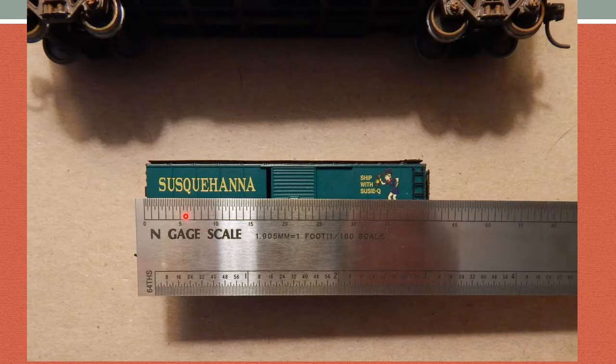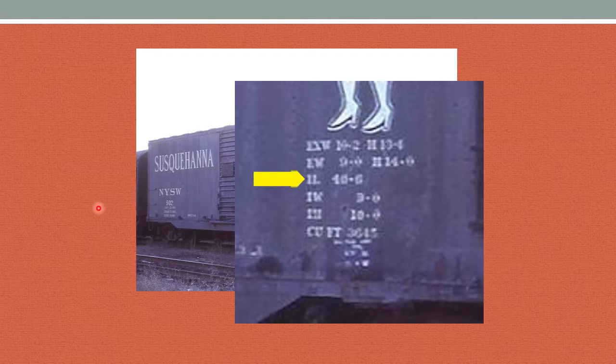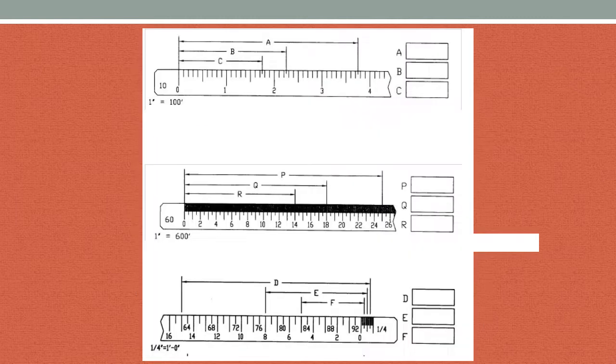When I measure the N scale, again, same device, but now this says I am measuring N gauge material. It tells me that, once again, I am 40 1/2. And lo and behold, the interior length of the boxcar is 40 feet 6 inches. So I do not have to do any calculations. I can measure it exactly off of the scale.